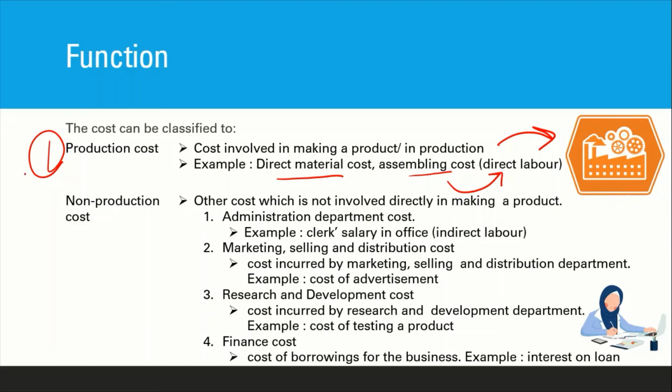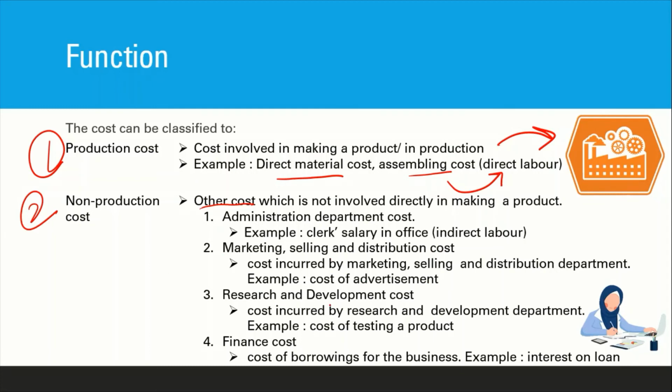So the second is non-production cost, which is other costs not involved directly in making a product. So we have administration department cost. We have marketing, selling and distribution costs, the marketing for selling the product, for example the cost of advertisement.